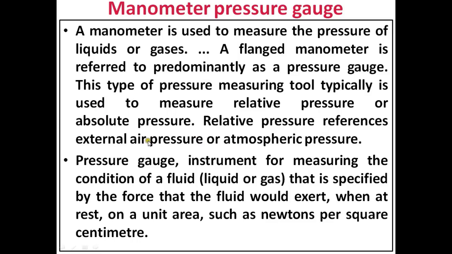Relative pressure references external air pressure or atmospheric pressure. Also we can say that the pressure gauge is an instrument for measuring the condition of a fluid, a liquid or a gas, that is specified by the force that the fluid would exert when at rest on a unit area, such as newtons per square centimeter.